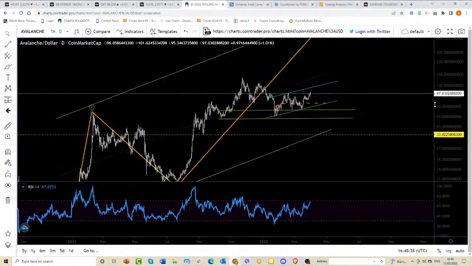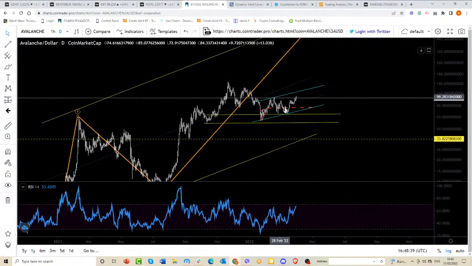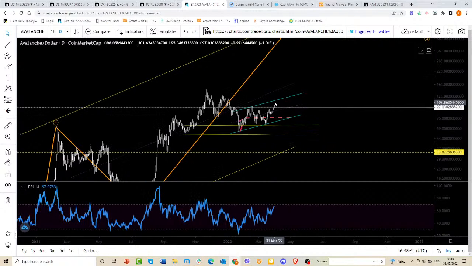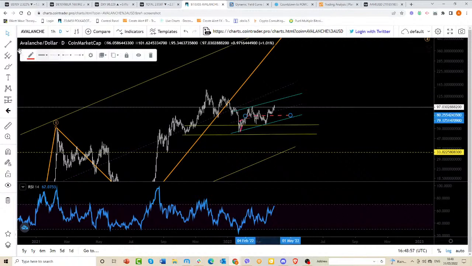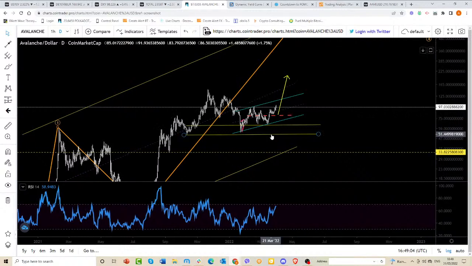But as I said, whenever I see a three-wave pattern, I don't have much trust in it. I need to see a five-wave move up above this channel, testing 129. I will allow a small pullback down to this 80 level as a correction. But then from there, I want to see signs that Avalanche will start to move further on the upside. Otherwise, these two levels might be tested again, as you can see.